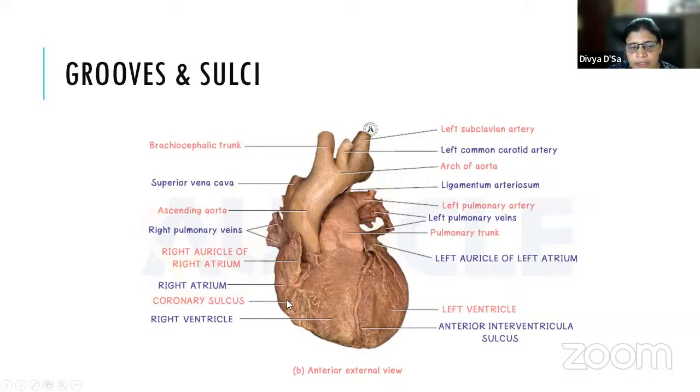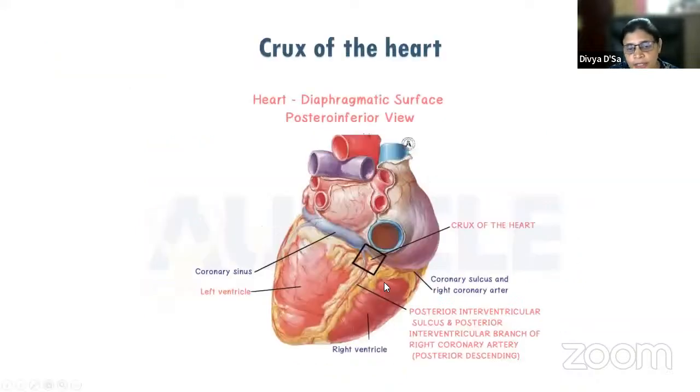Right. And posteriorly we have the posterior interventricular sulcus. Okay, and this is the posterior atrioventricular groove, on the left side and on the right side. And here we will have the posterior interatrial groove or sulcus.